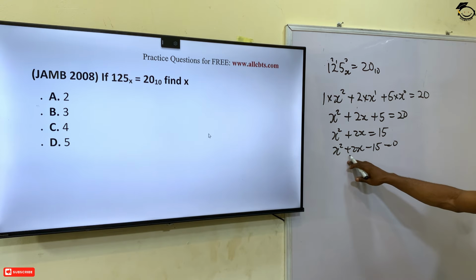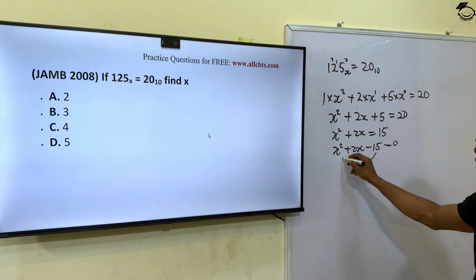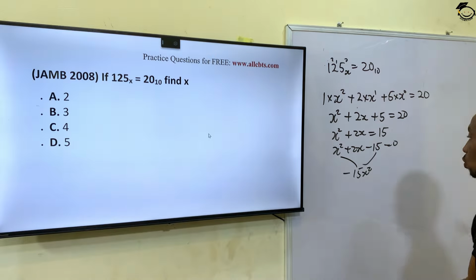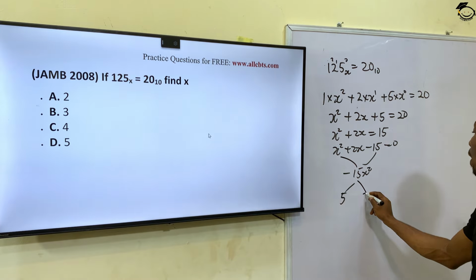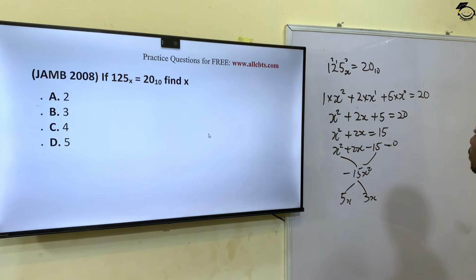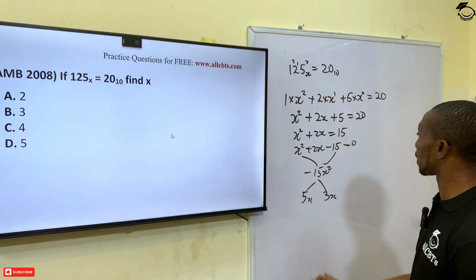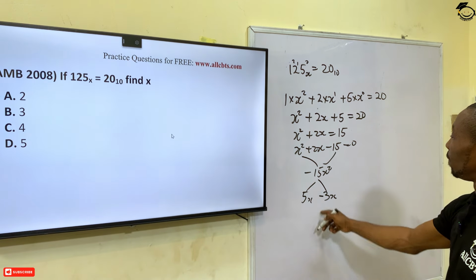So we have to factor this out, finding two numbers that multiply to give 15 and add to give plus 2. And the factors of 15 that will give us 2 will be 5 and 3. So one of them has to be negative. Okay, now since one has to be negative and this is positive, our smaller number would be negative.